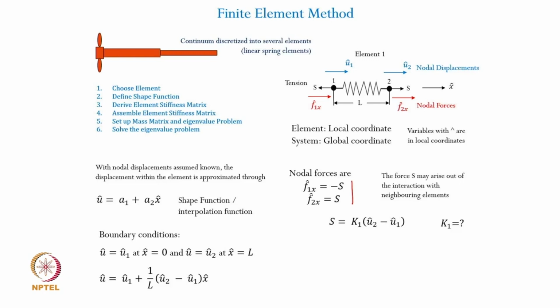What is the value of K1? Supposing you are now investigating this continuum as that of a circular shaft, the propeller shaft of a ship. K1, which defines now the spring character of this particular spring which you are using to represent that element, you can find that out using the geometric and material properties.